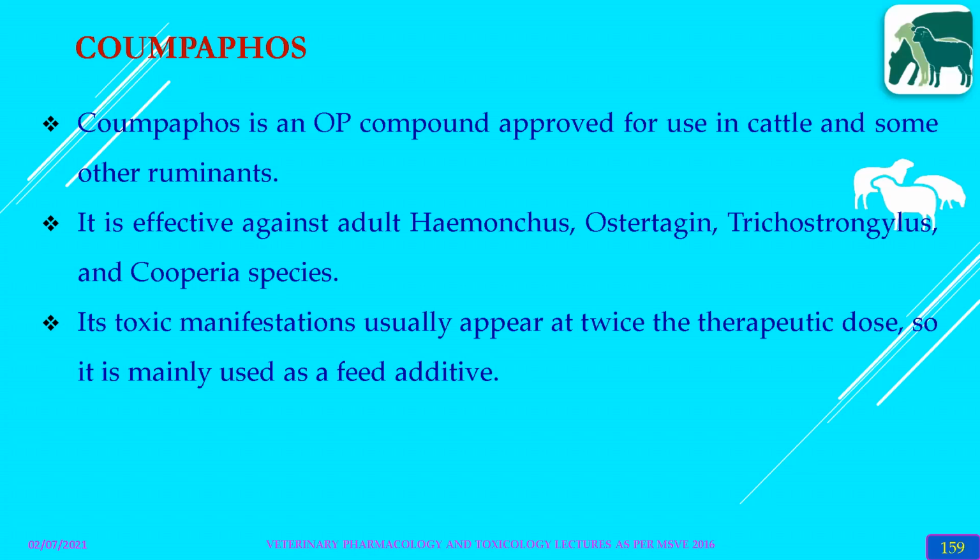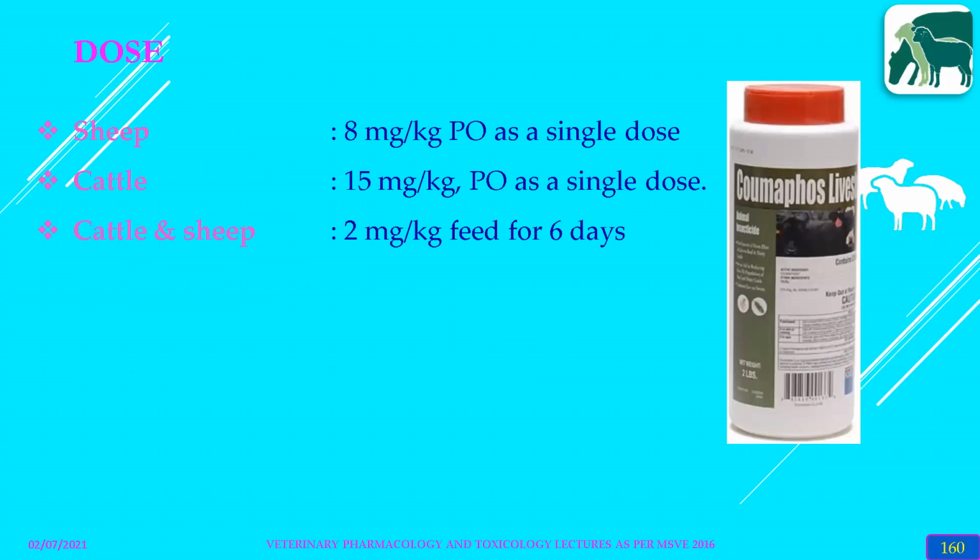Of course, it is effective against Haemonchus, Ostertagia, Trichostrongylus, and Cooperia species. So this does not have a good margin of safety. Here you can see that it has oral preparations. One needs to be very careful about the doses. It should not exceed the effective doses, especially in the case of large animals.